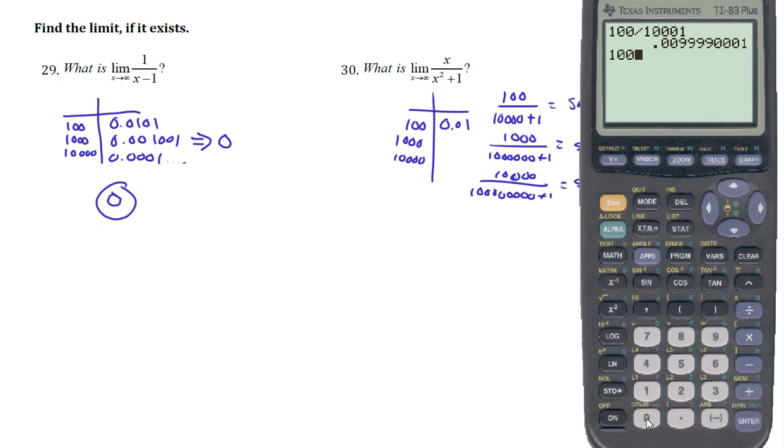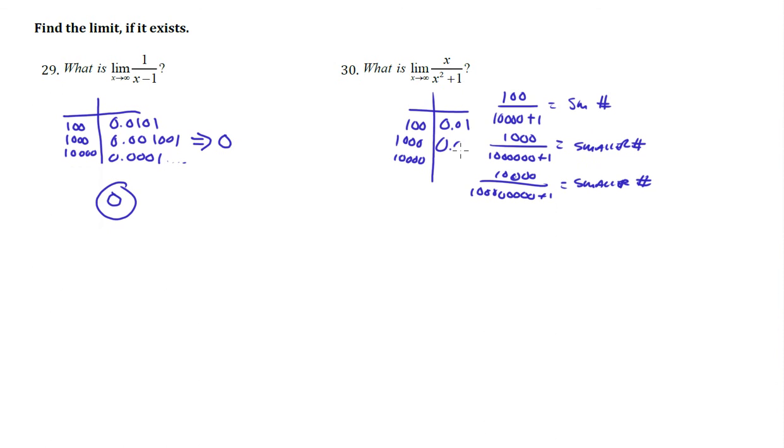That's going to be 1,000 divided by 1,000,001. Yep, that's 1,000,001. And that gives us 9.99. So let's move the decimal back over 1, 2, 3, 4 spots. That's 0.000999. So that's basically 0.001. Okay, and if we do this one here, it's going to be 0.0001. So this one here also goes to 0, the limit.